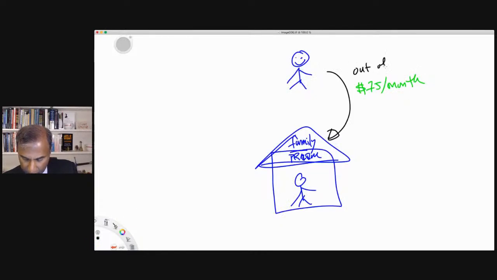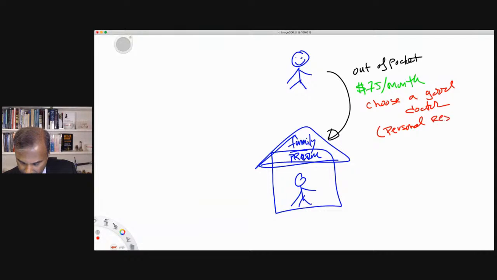Out of pocket. So this means you have to choose wisely. Choose a good doctor. You're taking personal responsibility. All right. And the other thing is the doctor now is giving you personalized care.